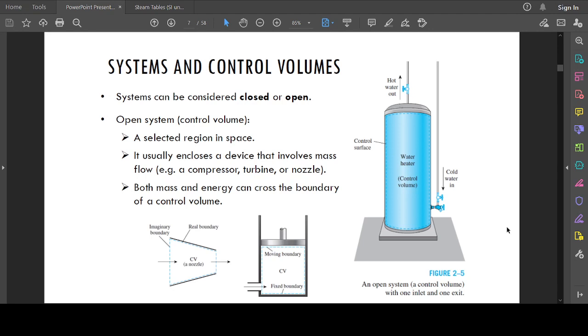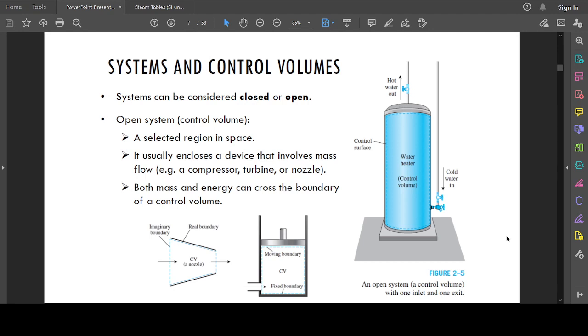The control volume is a selected region in space, as we explained when we explained what a system is. This is usually noticed in systems like nozzles, water heaters, and many more flow systems that involve a steady flow.